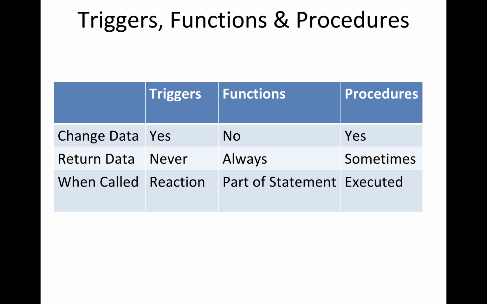Maybe you can't insert an order between certain dates or certain times. So I would like to calculate what the current time is and allow or disallow whether you can create this record or not.